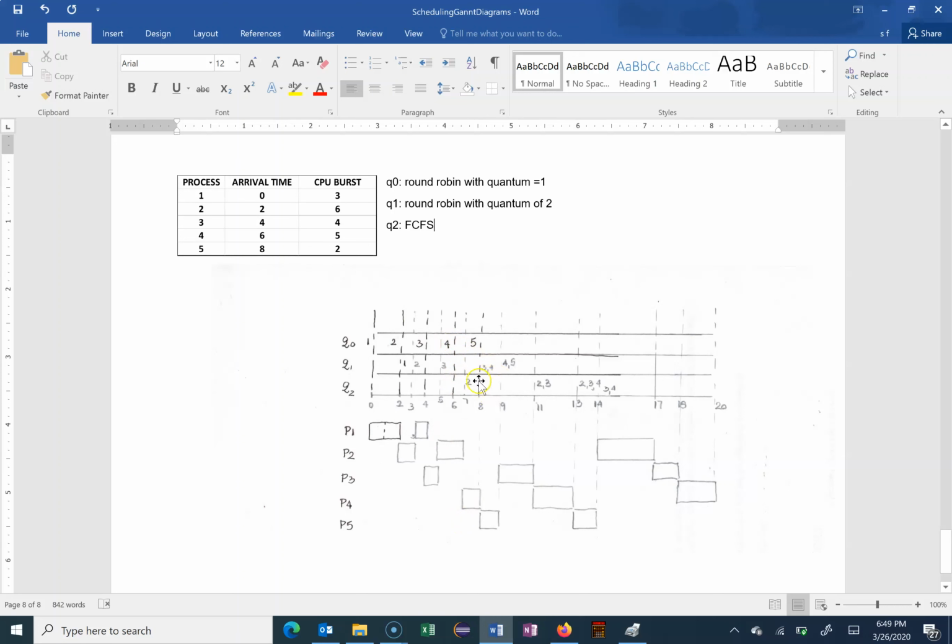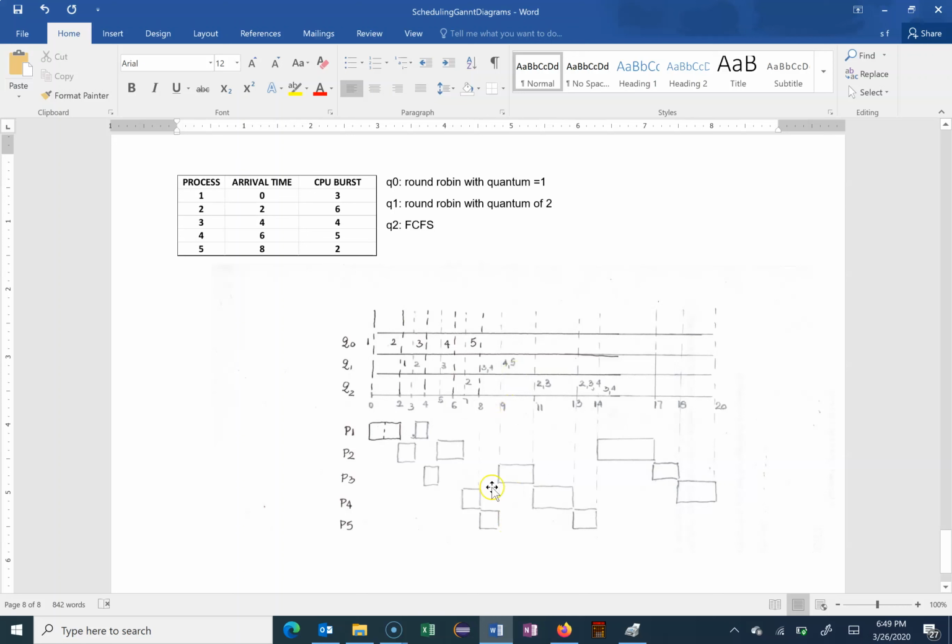So we have 3 and 4 in Q1. Process 5 executes for 1 unit of time and then, since it came from Q0, it's going to move into Q1. In Q1, we already have 3 and 4. So 3 is going to be scheduled and we're going to have left in Q1 process 4 followed by 5.